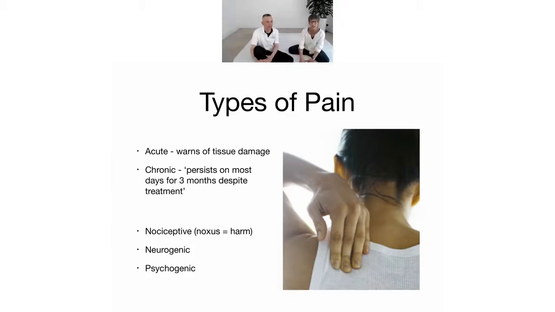It manifests in lots of different ways depending on the type of harm, the type of trauma, whether it's a crushing injury, a cut injury, or a burn injury. Neurogenic pain is what it sounds like. Its genesis is in the nerve.